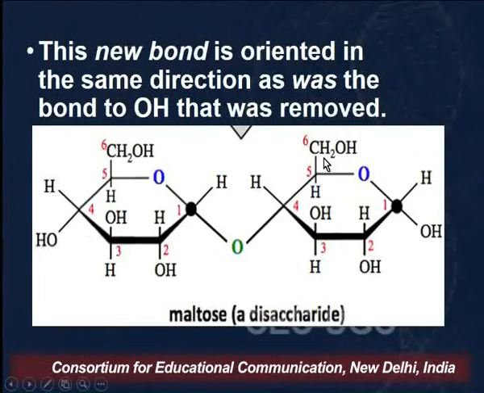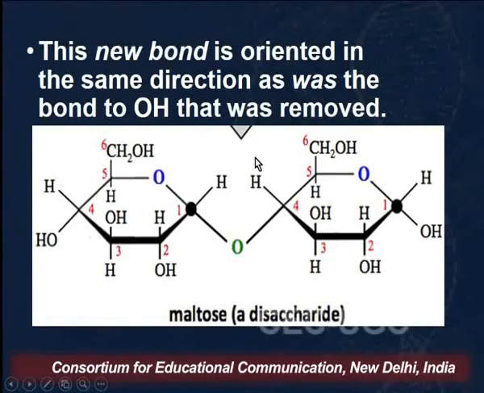So now what we find is that when we carry out this reaction between two molecules of alpha D glucose, a glycosidic bond has been formed, and the glycosidic bond, as you've already seen, has been formed because of the reaction between the alpha D glucose unit of one molecule and the OH on the fourth carbon of the second unit. So this has been indicated here that the bond is between the first carbon of the first unit and the fourth carbon of the second unit.